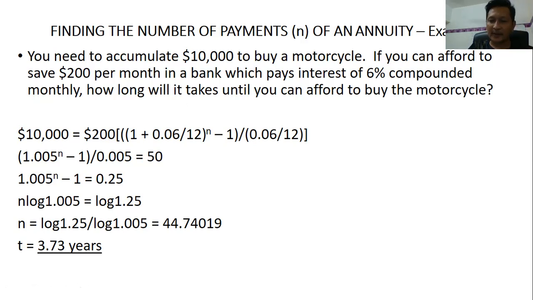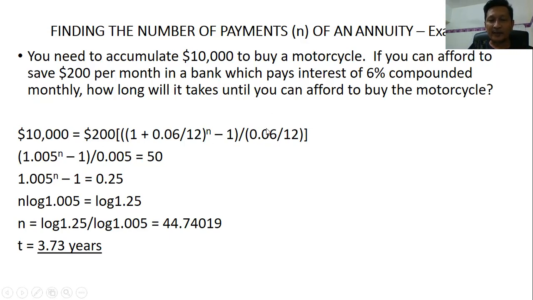And this becomes easy because since this is per month, this is a monthly compounding, so m equals 12. Your j is 6%, so you know that your i is j divided by m, so 6% needs to be divided by 12 first, and your n is to be solved at the end of the problem.